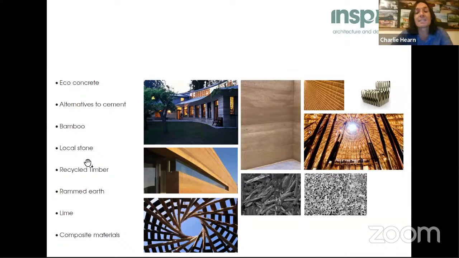We're so lucky in Indonesia that we have such a beautiful range of stone. And with recycled timber, we also use rammed earth. We use lime, as in limestone. And with the developments these days, there are a lot of composite materials that help with aspects such as insulation and lightweightness. Again, all these aspects can help to reduce our carbon footprint.